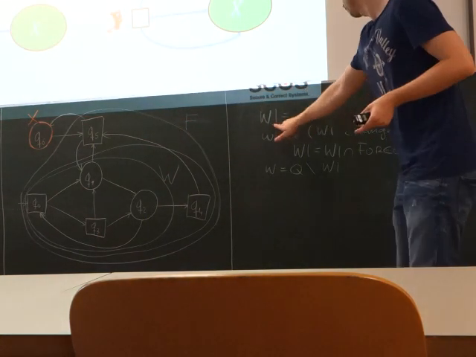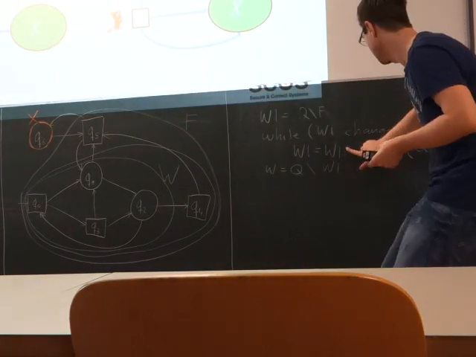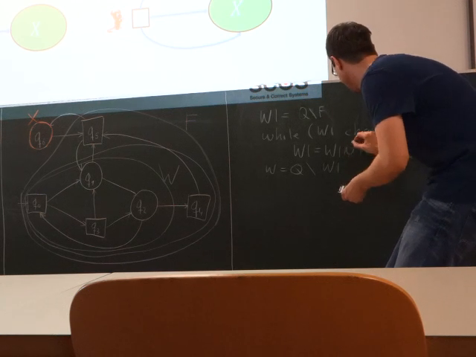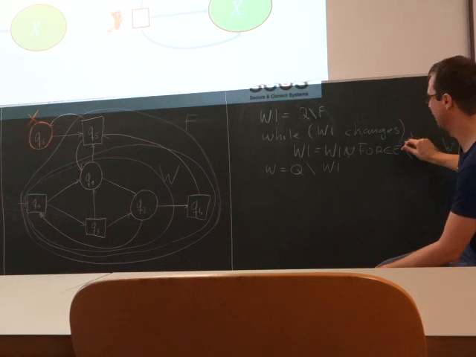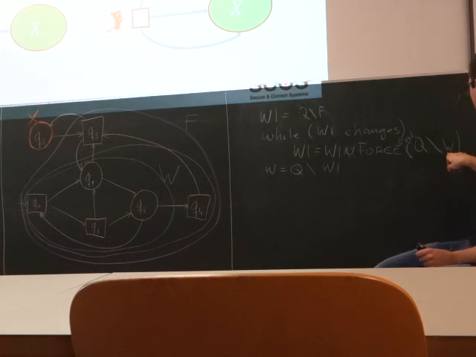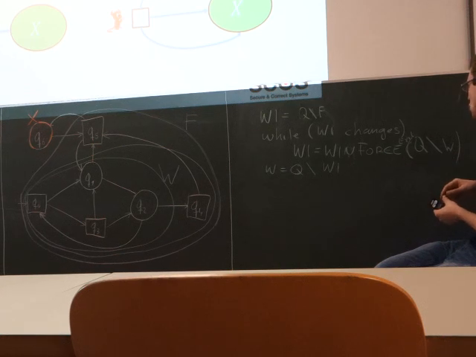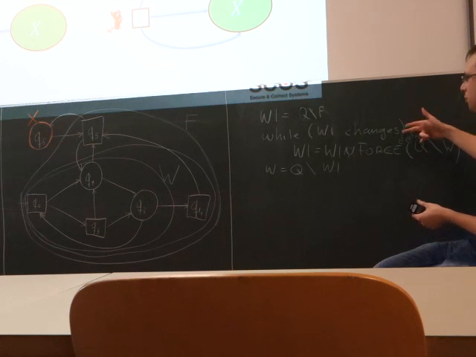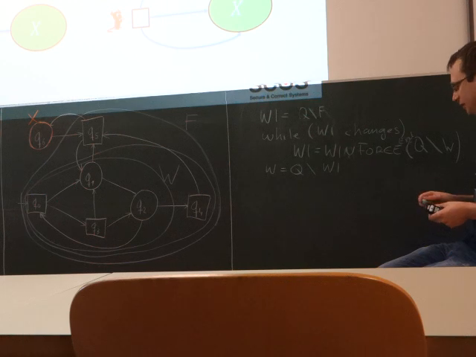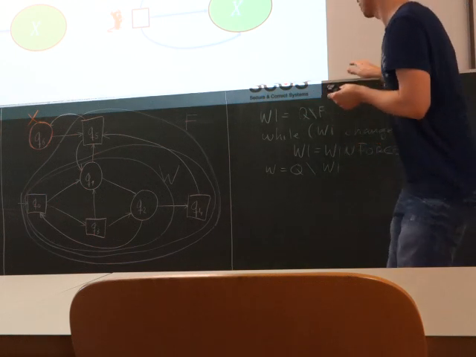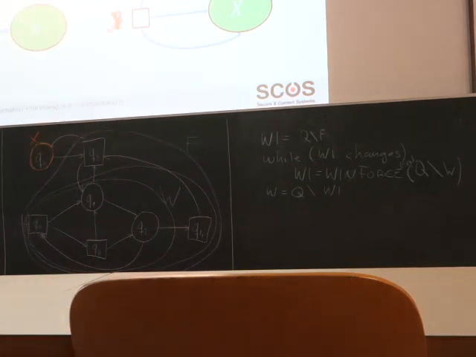And then we can say the new bad states are the old bad states and the set of states where the evil guy, so this would be a different force operator, can enforce to go into the bad states actually. And then we compute exactly the reverse, and then in the end we can build the reverse. This would work, and actually I have this also as one of the solutions on the slide. Let's see what I came up with.